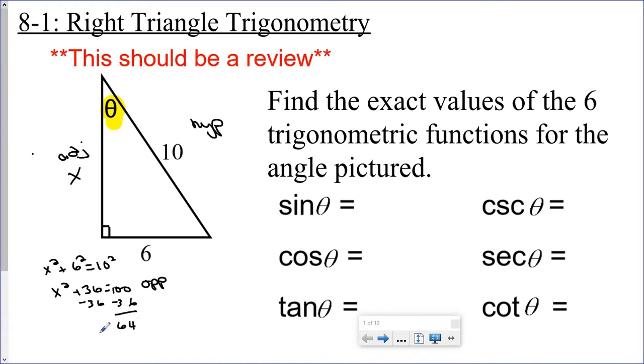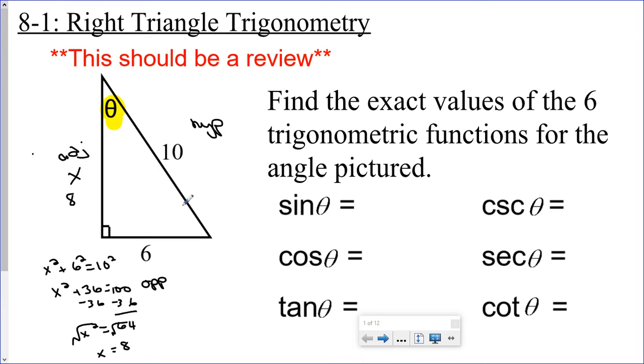So you get 64, so then x has to be 8. So let's put 8 there on the side. You also probably could have recognized that this is a Pythagorean triple, just multiplied by 2.